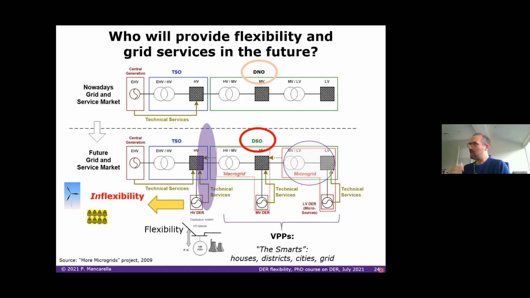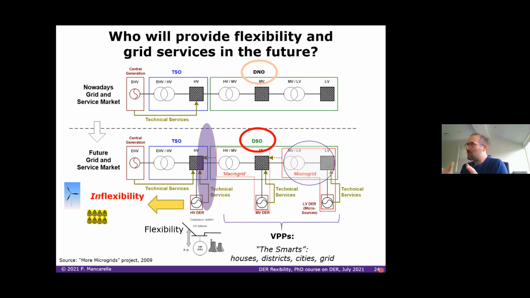Why would I need to reinforce a certain part of the network when actually I can flexibly disconnect some load which I would have contracted before, perhaps? And other technical services can be a bit more technical, including power quality and all that.